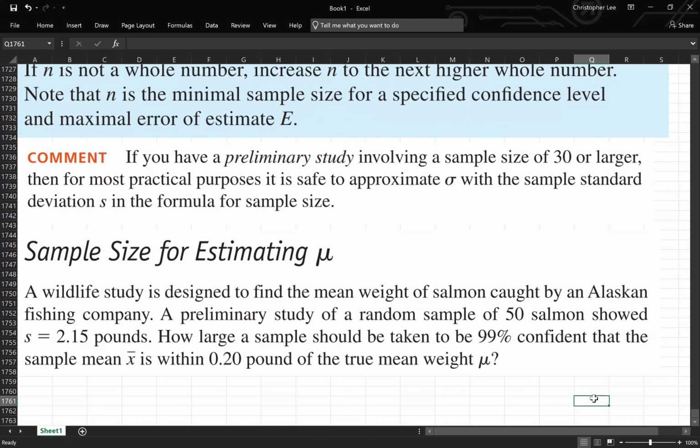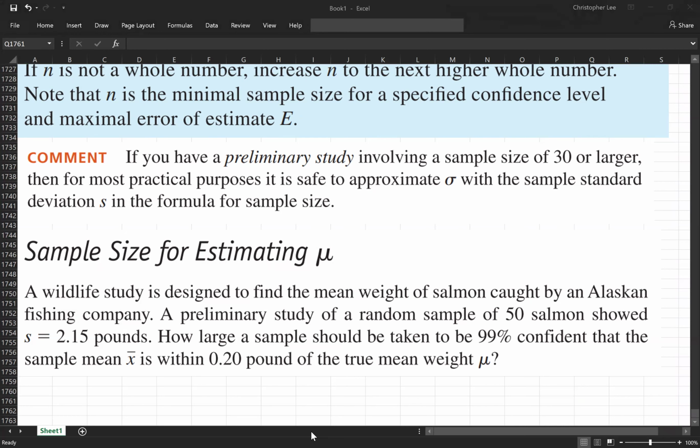A preliminary study of a random sample of 50 salmon showed that S is equal to 2.15 pounds. How large a sample should be taken to be 99% confident that the sample mean X bar is within 0.2 pounds of the true mean weight of the salmon, mu?